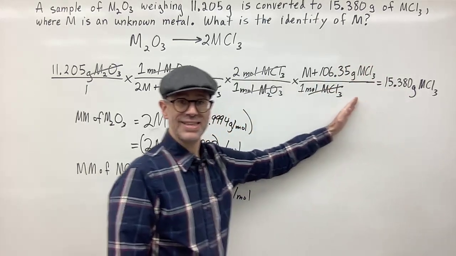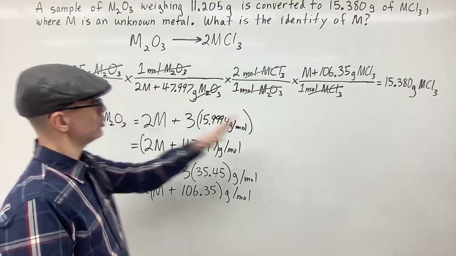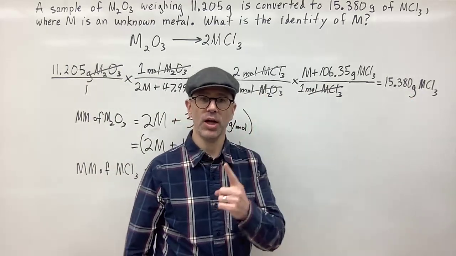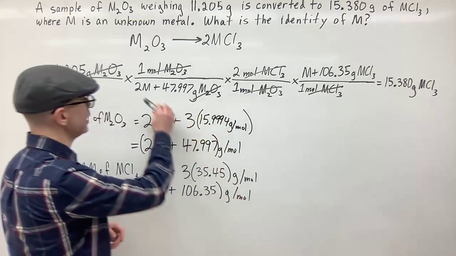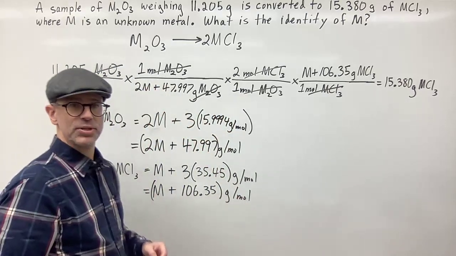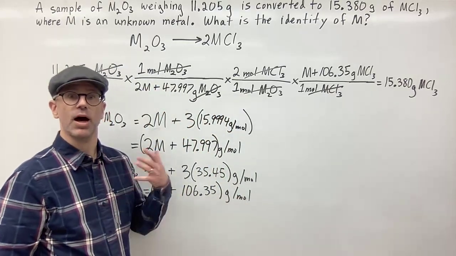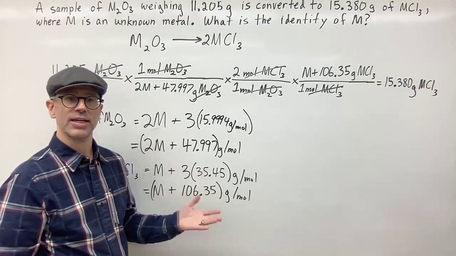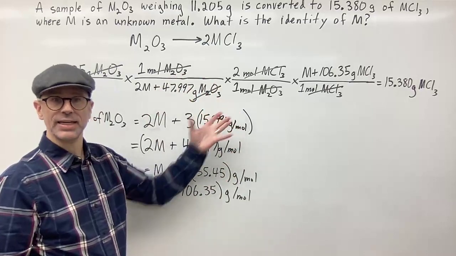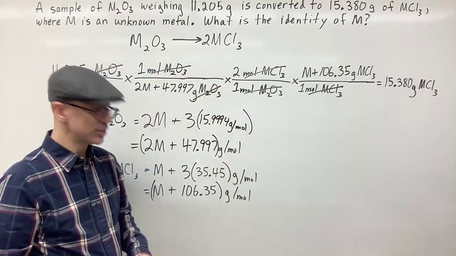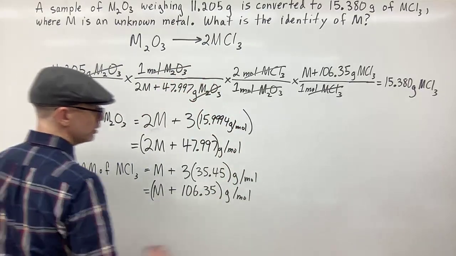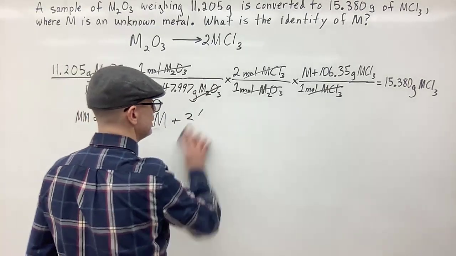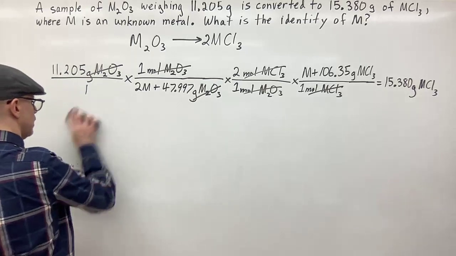So this side of the equation should equal this side of the equation. I have one equation, one unknown. The unknown is M, which is representing the molar mass of the unknown metal M. At this point, all I have to do is simplify this, do the calculations, and solve for M. So let's go ahead and simplify this and clean this up a bit.